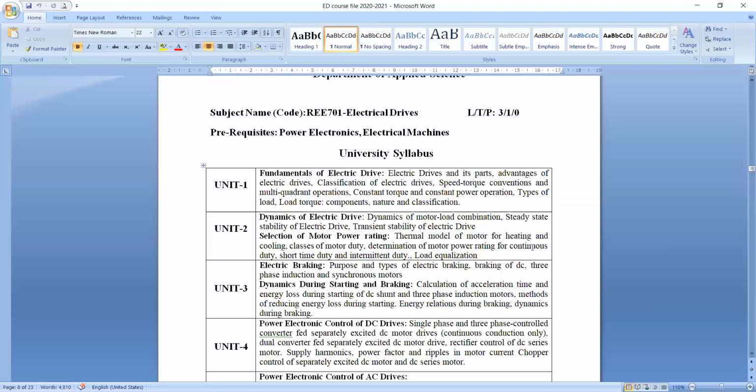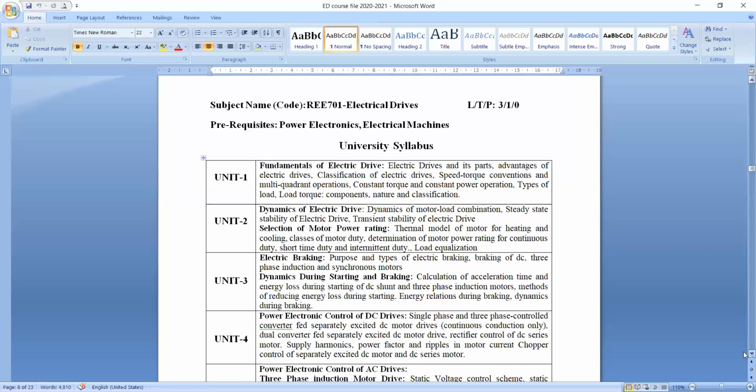And in this unit we will also be learning about dynamics during starting and braking. How exactly a motor behaves during starting and braking. What are the phenomena or calculations required to learn about the electrical starting and braking of a machine.